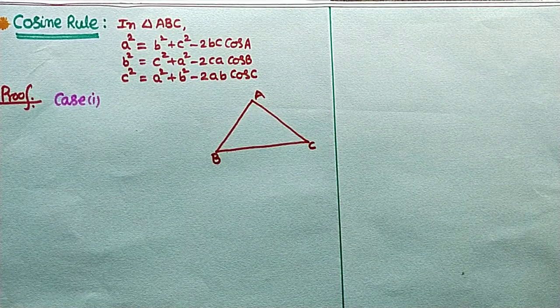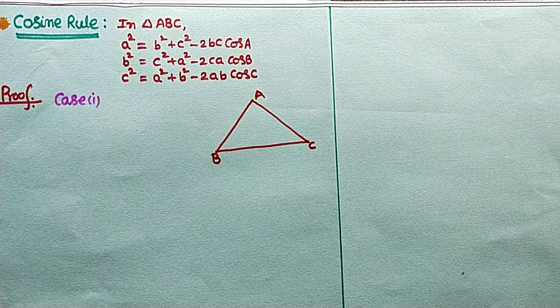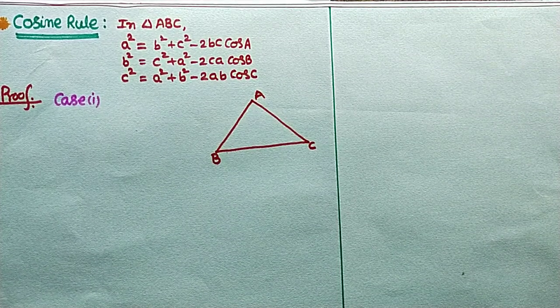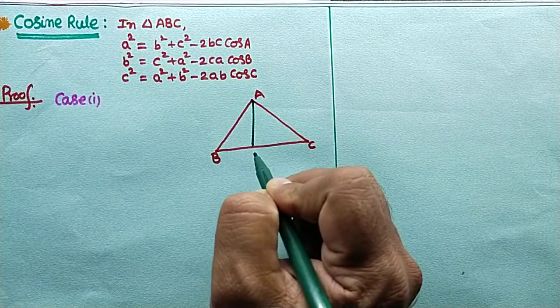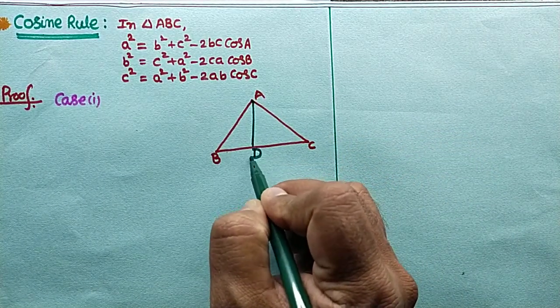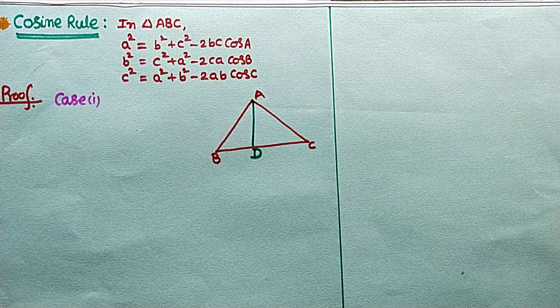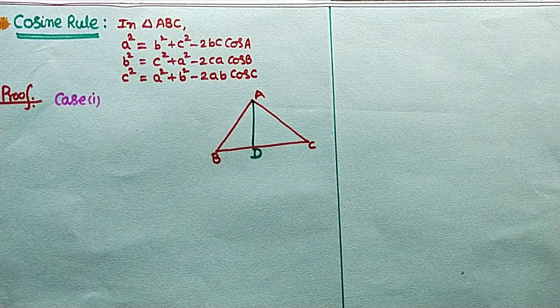Here on BC side you draw the projection from point A. So here D is the projection of A on BC. You have to mention there.